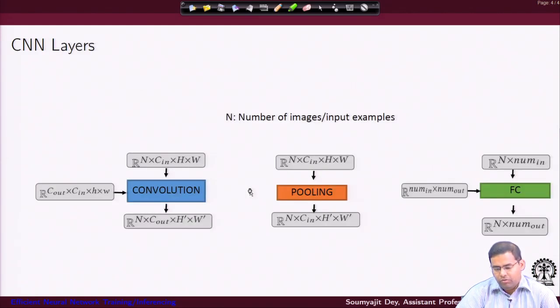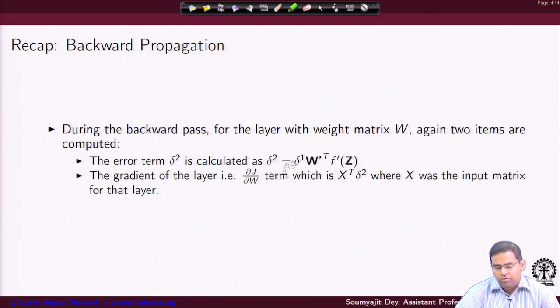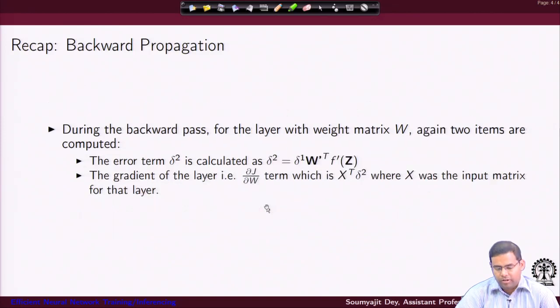Now, let us again review why this is necessary. As you can see, this delta 2 is nothing but delta 1, the weights and the value of f prime, right, and then you are multiplying it with the input matrix in the backward propagation. But what happens when you are just computing the first delta? The first delta is y minus o into f prime and then you are multiplying this with A transpose, which is the input matrix, to get the original loss function, right.